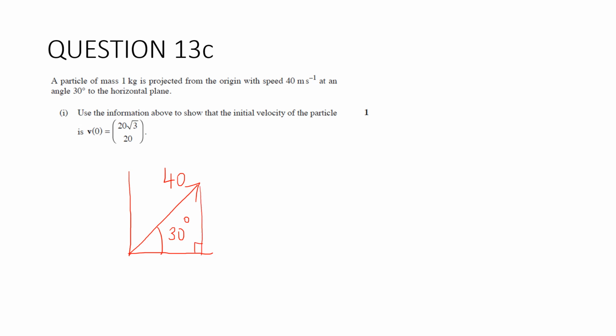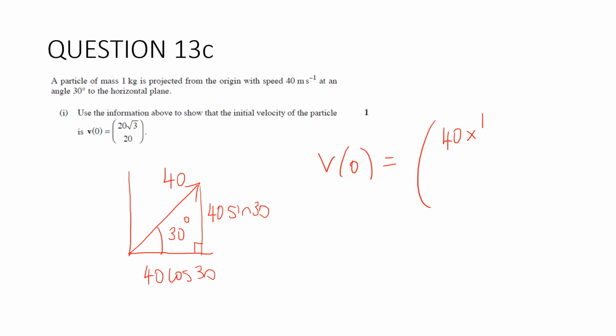This one here is going to be 40 sin 30, and this one here will be 40 cos 30. And so v naught will be equal to 40 times root 3 on 2, and then 40 times a half, which is equal to (20 root 3, 20).